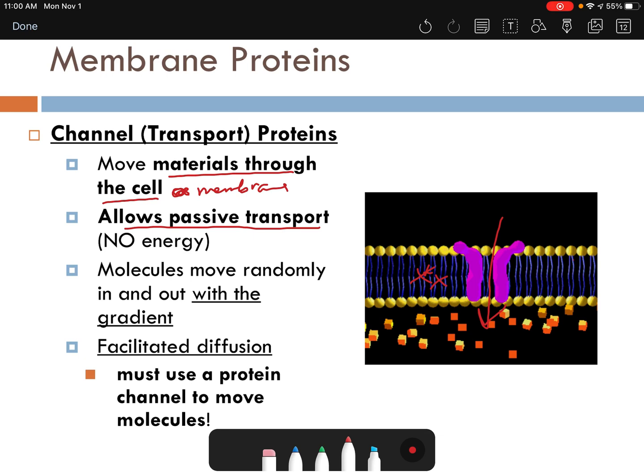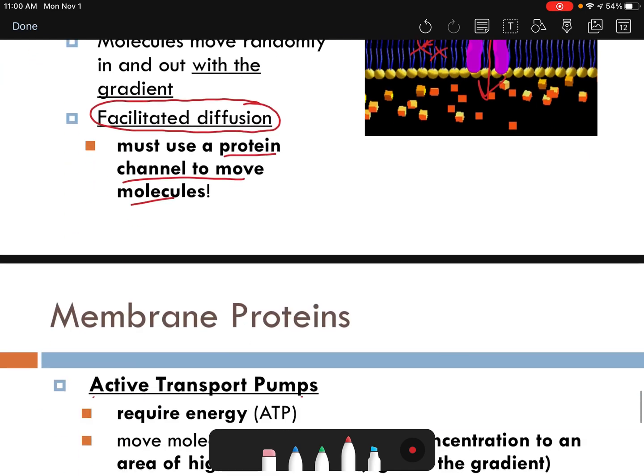So it'll allow those polar molecules to go through, or larger molecules that need to get through, they can go through a channel protein. Remember, these are used with facilitated diffusion. We already talked about that. They have to use a protein channel to move the molecules through. So channel proteins allow for that passage of materials from one side of the cell to the other, whether they're moving things in or moving things out of the cell.